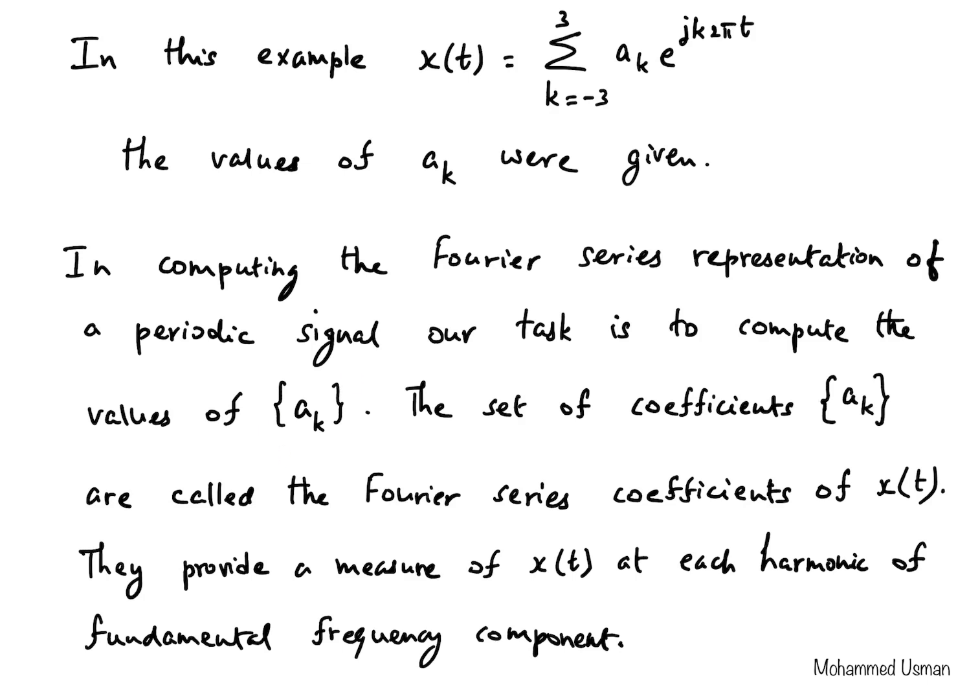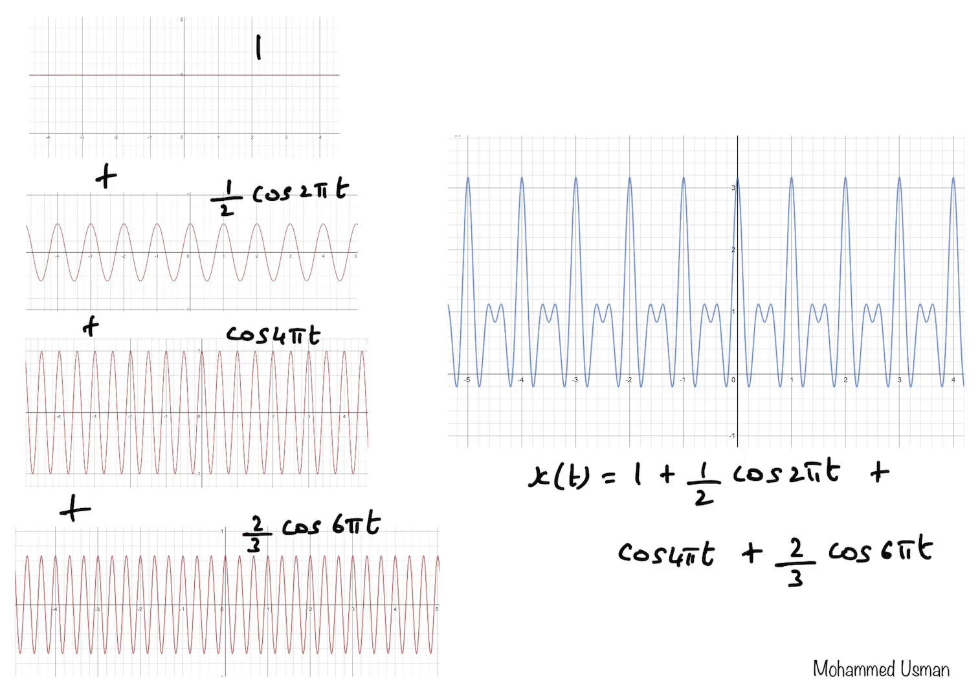The set of coefficients, which we denote as aks, are called the Fourier series coefficients of the signal x of t. And what information do these coefficients represent? These coefficients tell us how much of each frequency component or each harmonic is present in the signal. As we saw earlier, the frequency component of 2 pi has a contribution of 0.5 volt towards the signal.